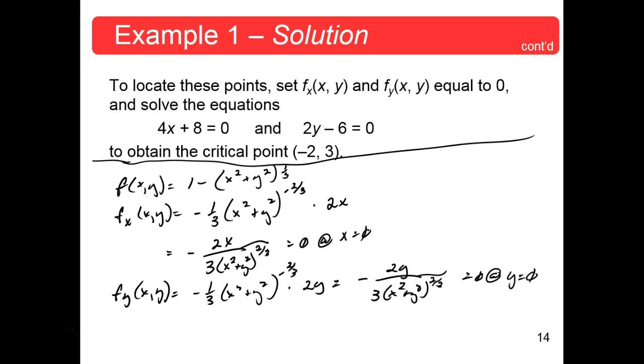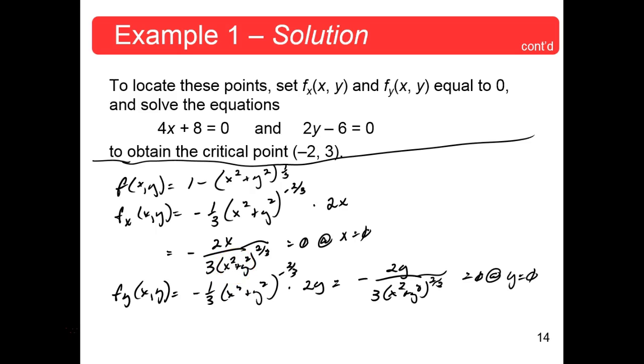And both of those partial derivatives exist for all points in the xy plane, except for the point x equals 0, y equals 0. Why? Because at those points, your denominator becomes 0.